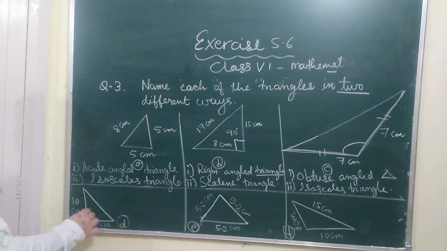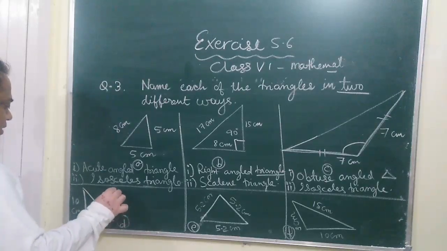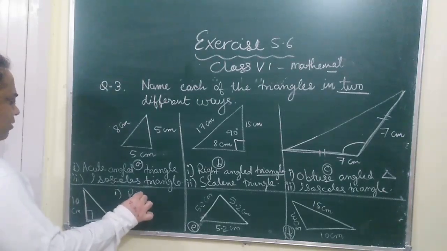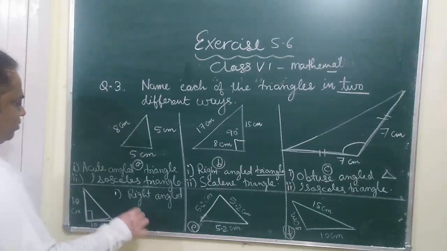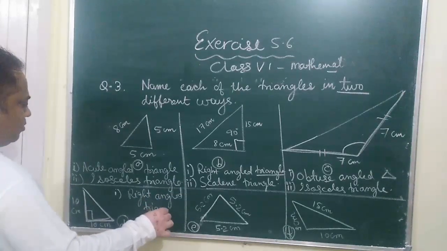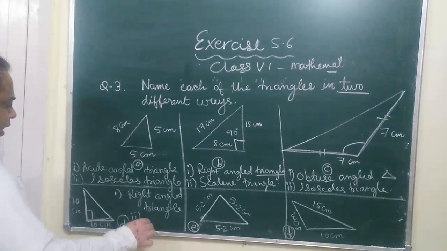In this question, this is right angle triangle and two sides are same. So we'll call it as first right angle triangle, and second isosceles triangle.